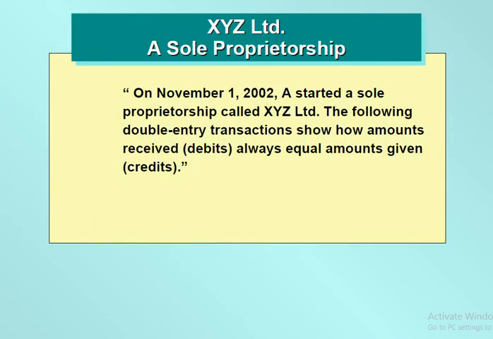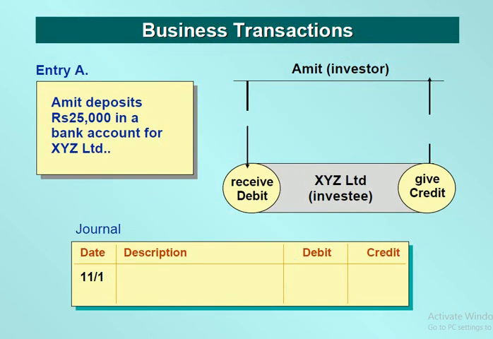A sole proprietor: on November 1st, 2002, Amit started a sole proprietorship called XYZ Limited. The following double entry transactions show how amounts received, debits, always equal amounts given, credits. Amit deposited 35,000 rupees in a bank account for XYZ Limited.